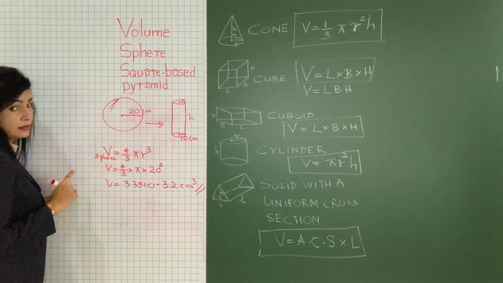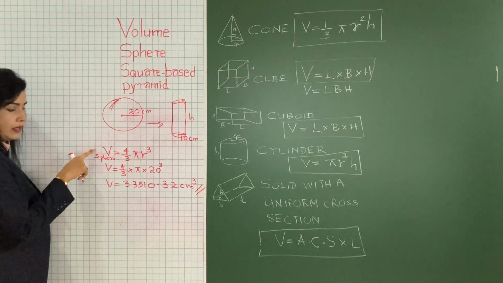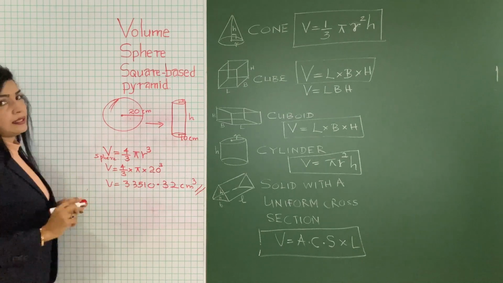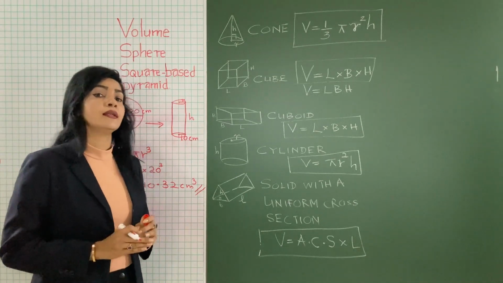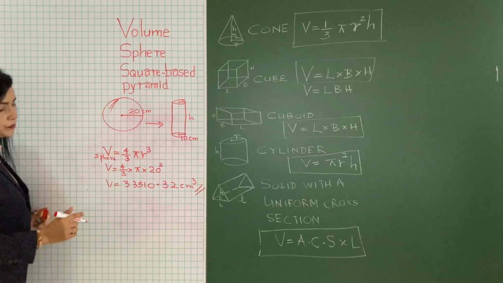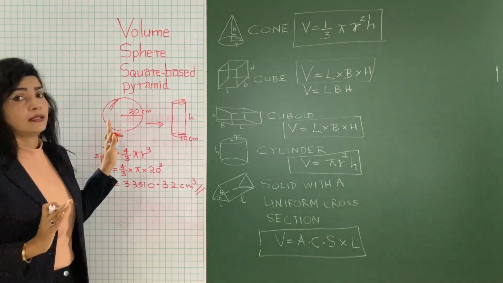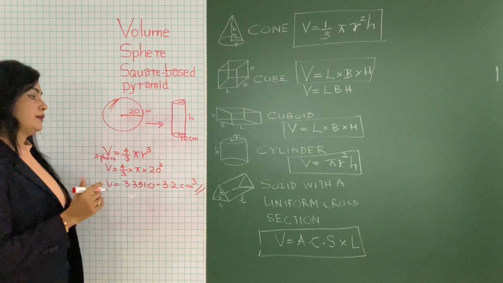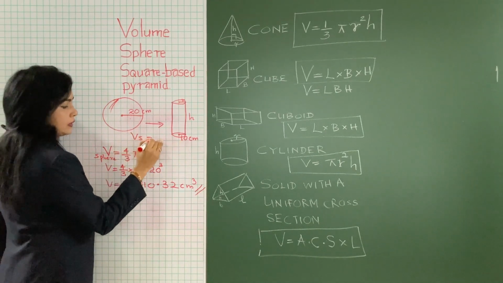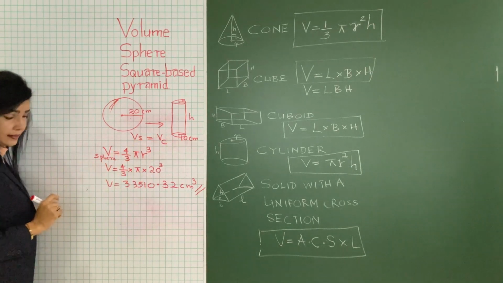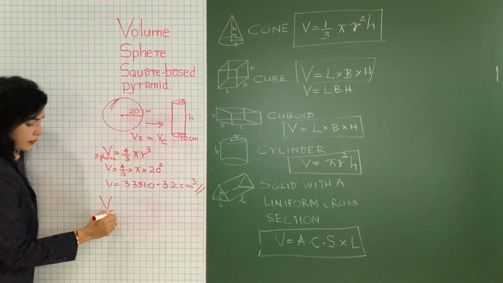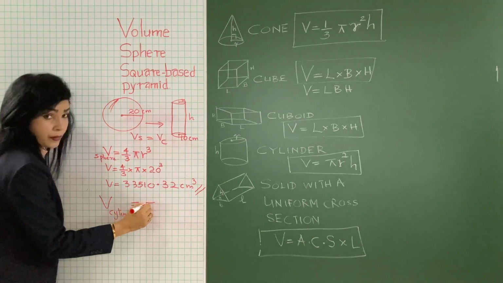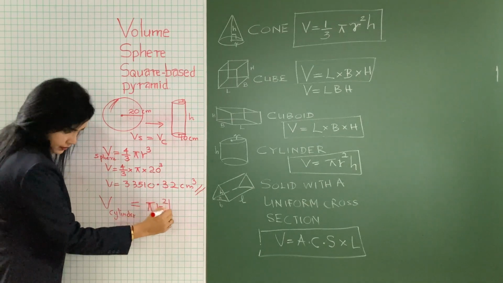So you have to be very clear in answering the questions. So when we find the sphere volume, you have to write down volume of the sphere is equal to this. Then it is easy for the examiners to understand your answer. So then, since this sphere is melted and made the cylinder, as we discussed, volume of the sphere is equal to the volume of the cylinder. So, volume of the cylinder now is equal to pi r square h.